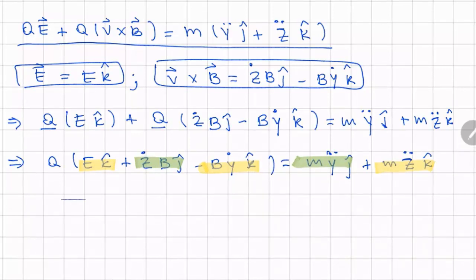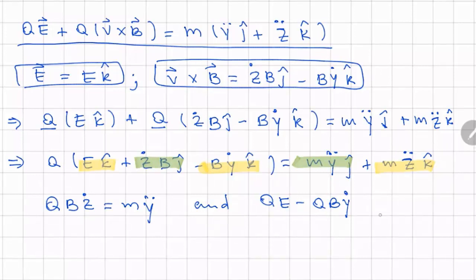Q B z dot equal to m y two dots, and Q E minus Q B y dot equal to m z two dots.